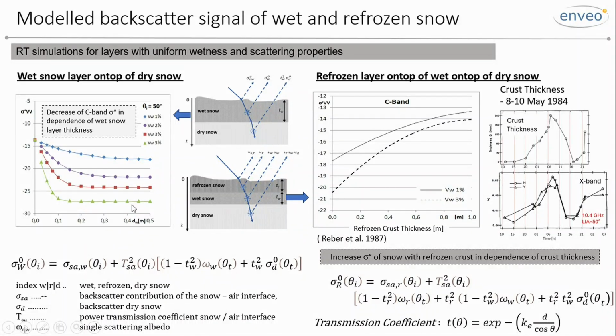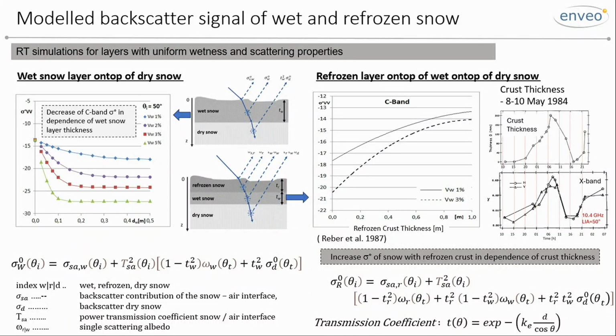So this first 5, 6 centimeters of a wet snow layer is taking all out of it, and is in principle masking out what is going below. So I cannot get any information out of this. I have a little bit of information when the liquid water is very small, but when it gets wetter and wetter during the melting season, then of course I get only information of this upper layer. So this would be the top.